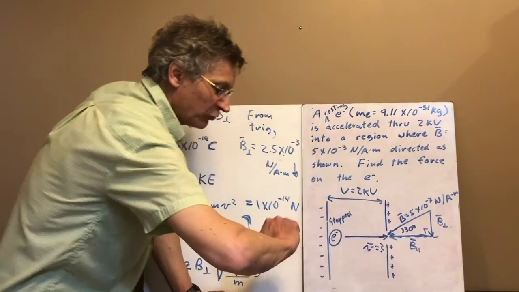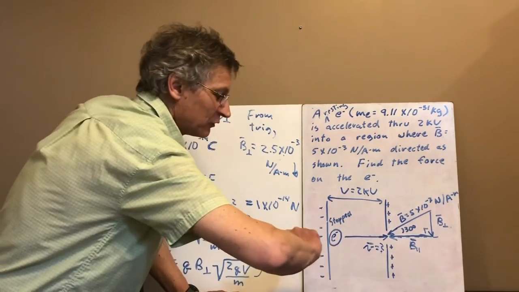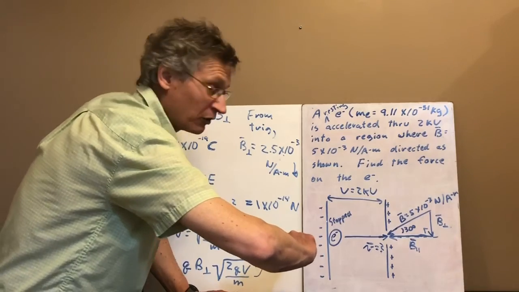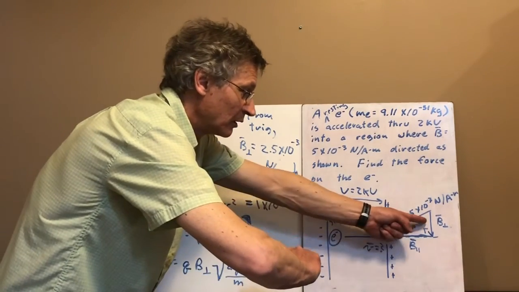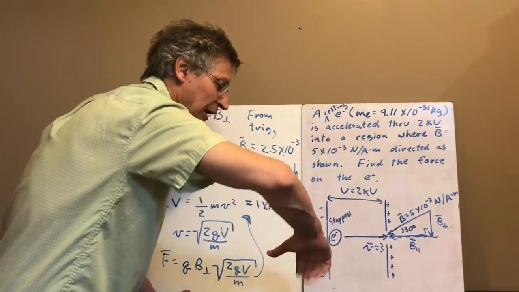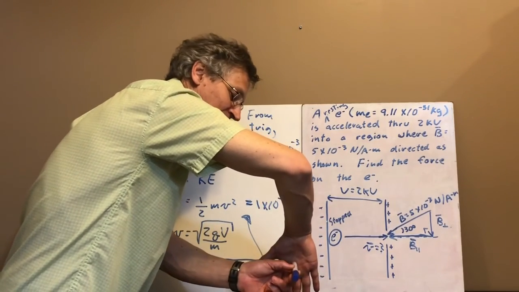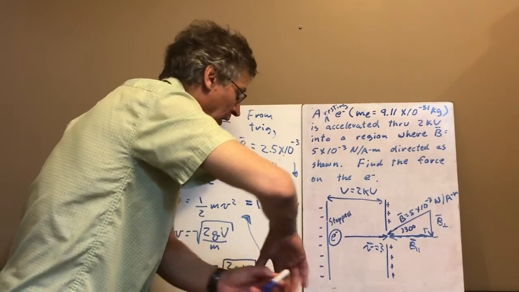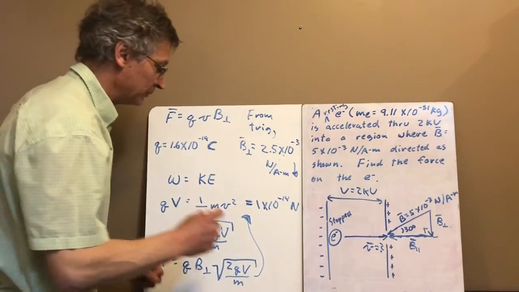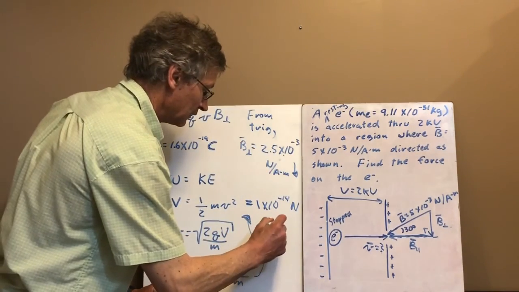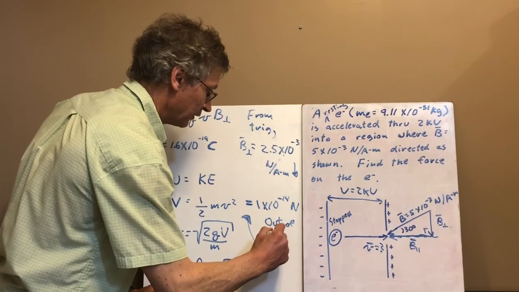So thumb goes in the direction of the current. That would be like this. Fingers go in the direction of the magnetic field. Okay, there's a magnetic field we use, that would be down, and the force pokes perpendicularly on the palm of your page, coming right towards you, out of the page here. So there you go. There is your final answer.